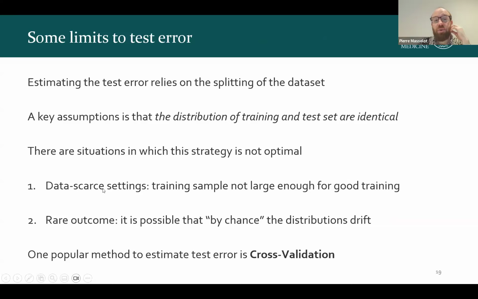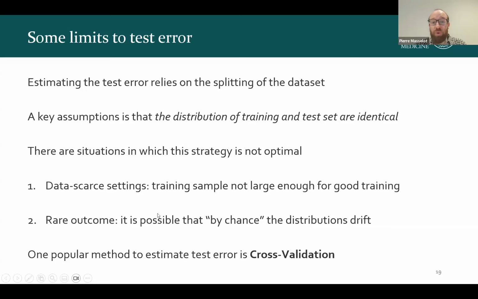When you don't have that many data, so you have a relatively low sample, all the observations in your test set will not be used to train your model, and then to have a good estimation of this generalization error.